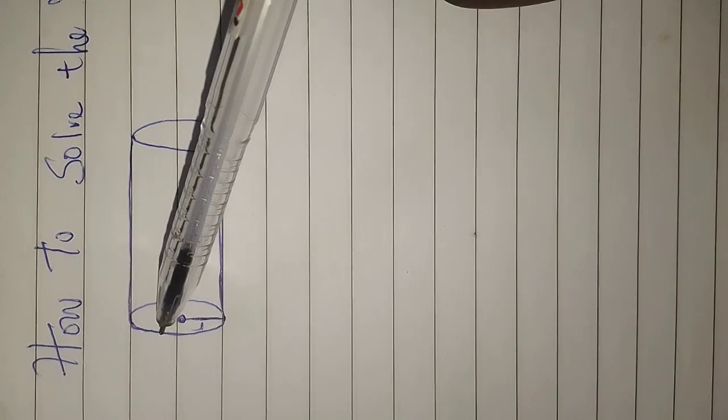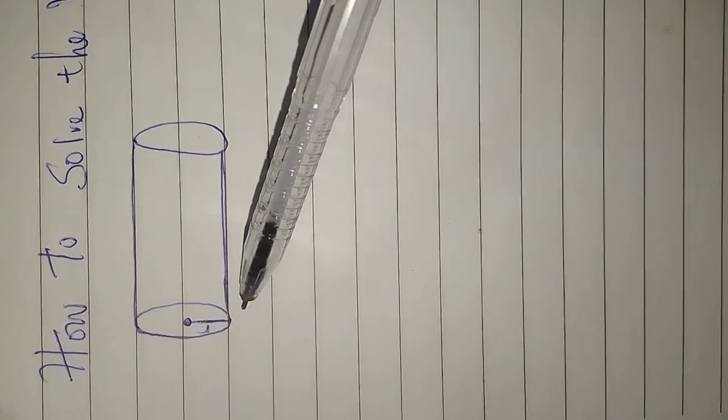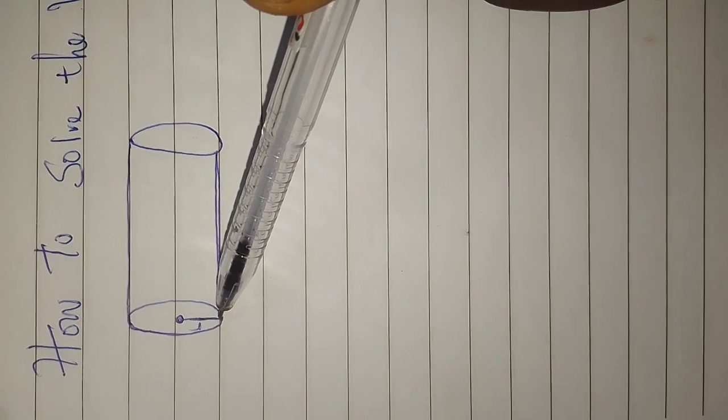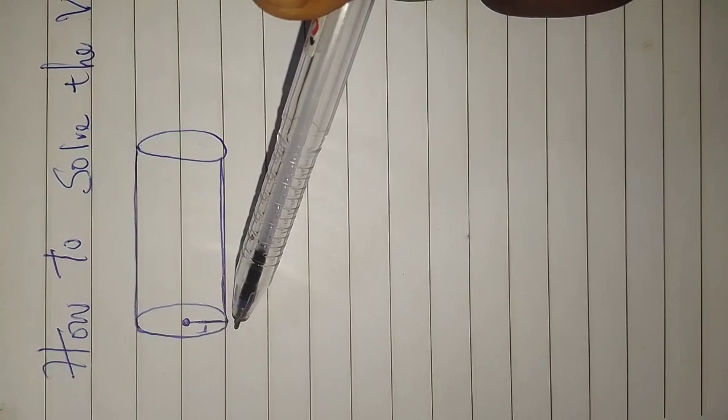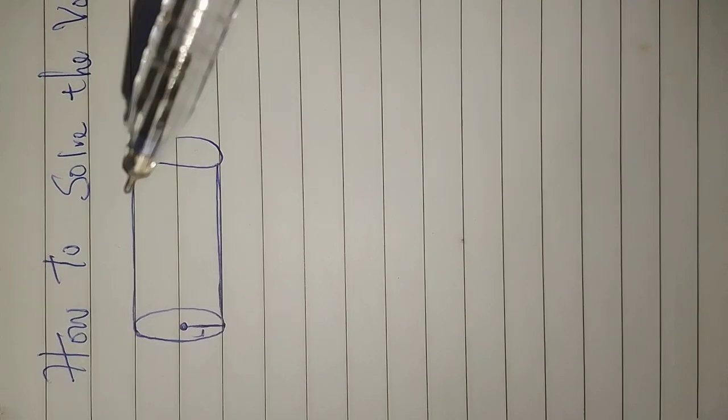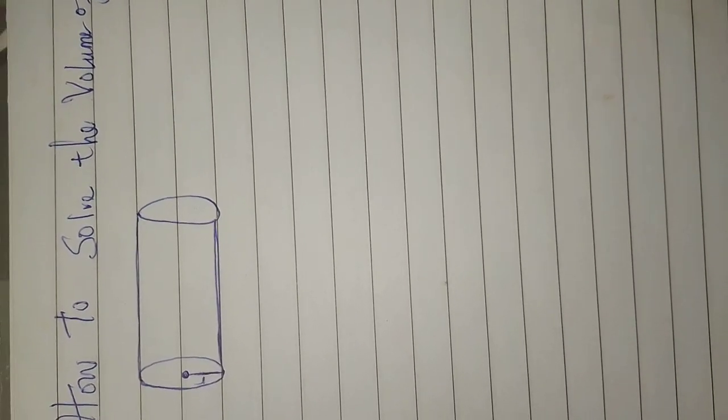Alright, so the distance from the center of the circle to the edge of the circle is your radius, and we have a formula to use whenever we want to solve the volume of a cylinder, and the formula is pi times r squared times h.